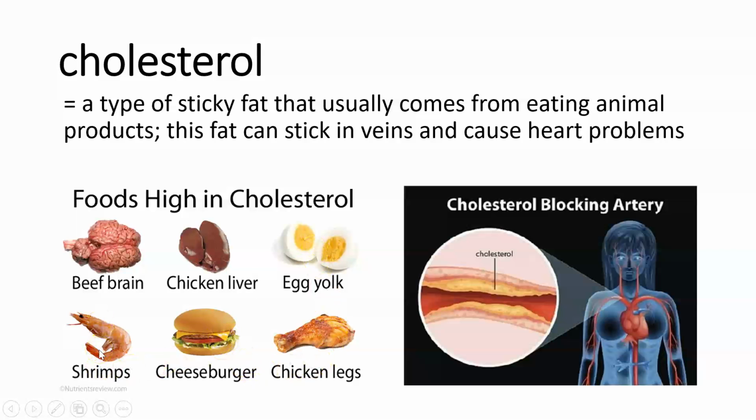So these foods have a special kind of fat that can stick in veins and cause heart problems. So you can see here, if this is a vein, the cholesterol is this yellow material on the inside of the vein, and it makes the vein sort of more thin, makes it have less space. So that is cholesterol.